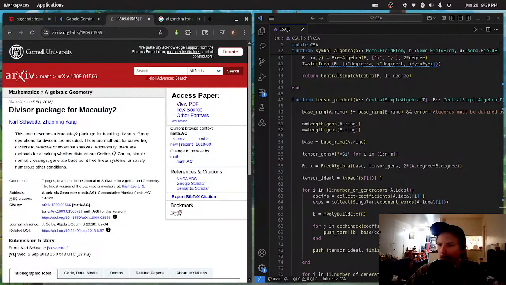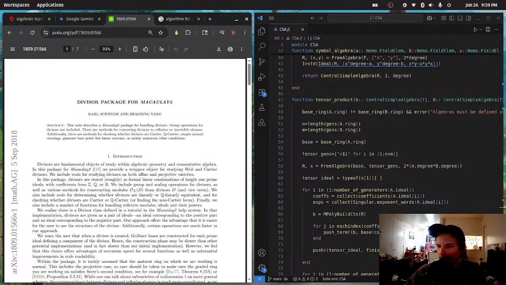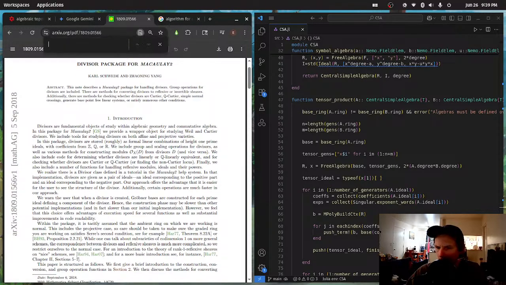So here's the arXiv post that tells you about it. We also include code for determining whether divisors are linearly or Q-linearly equivalent, and for checking whether divisors are Cartier or Q-Cartier. Yeah, how would you figure that out?